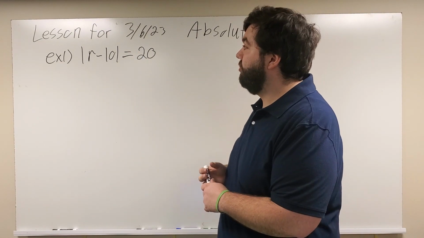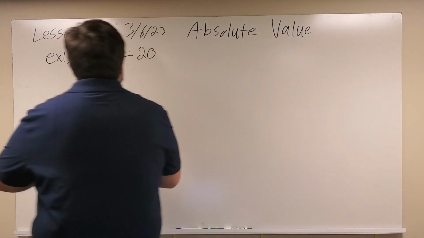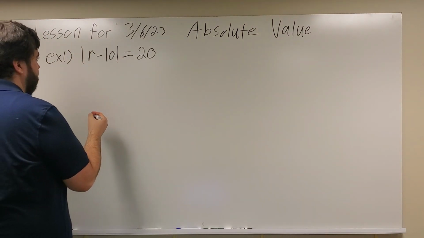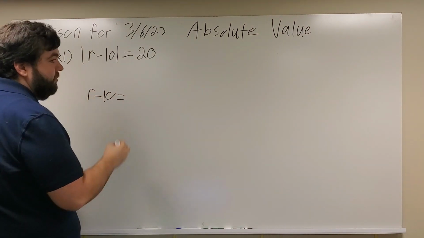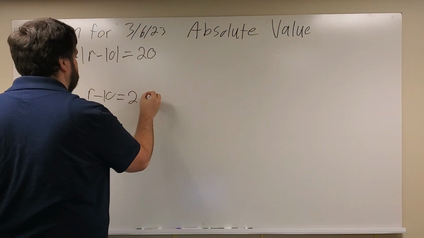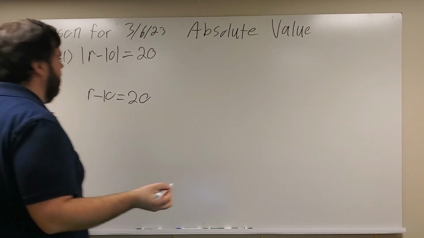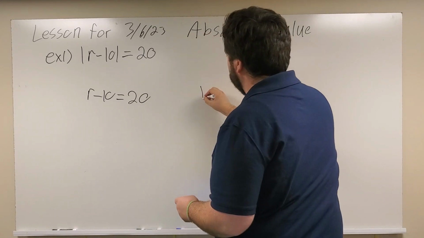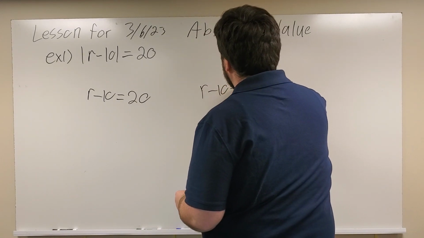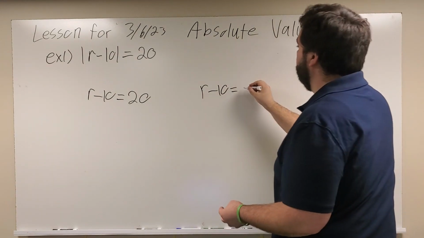Step 2, split. We take what's in the absolute value: r minus 10 is equal to the positive 20. And then we also have r minus 10 is equal to the negative 20.